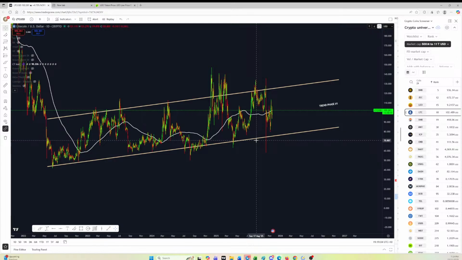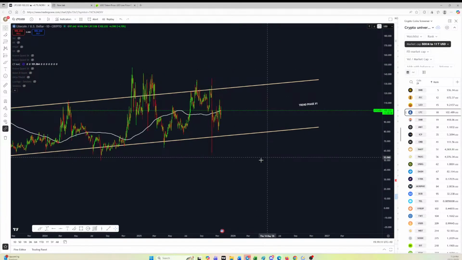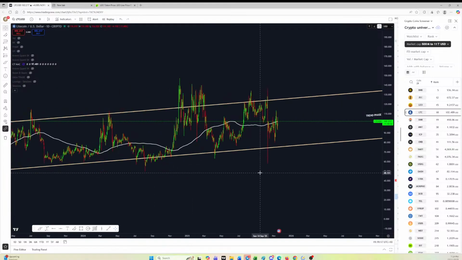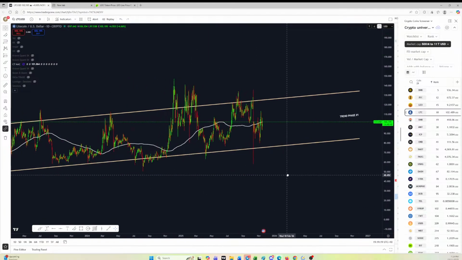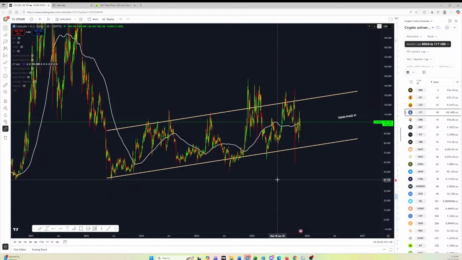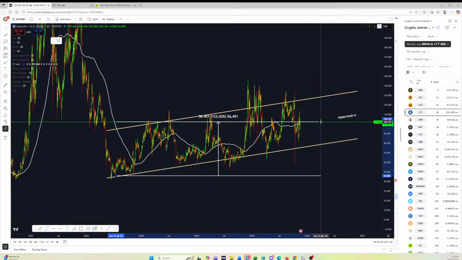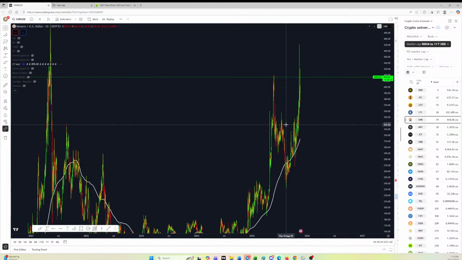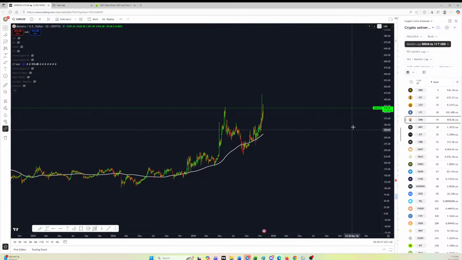Something you could potentially invest in and long hold, but you don't want to use any leverage because you can see the massive wicks on either side of the direction here. But there's one for you: long hold Litecoin. It's been doing nothing but trending up since 2022. Just slow, safe gains, double your money every couple of years. Litecoin's still in it.